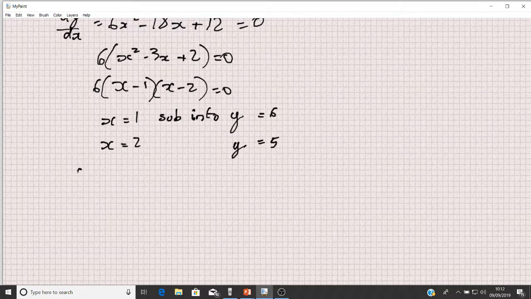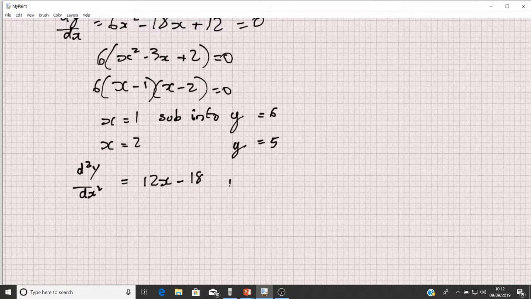And we need to determine which is the maximum, which is the minimum. So second derivative, d2y/dx squared equals 12x minus, no, minus 18.